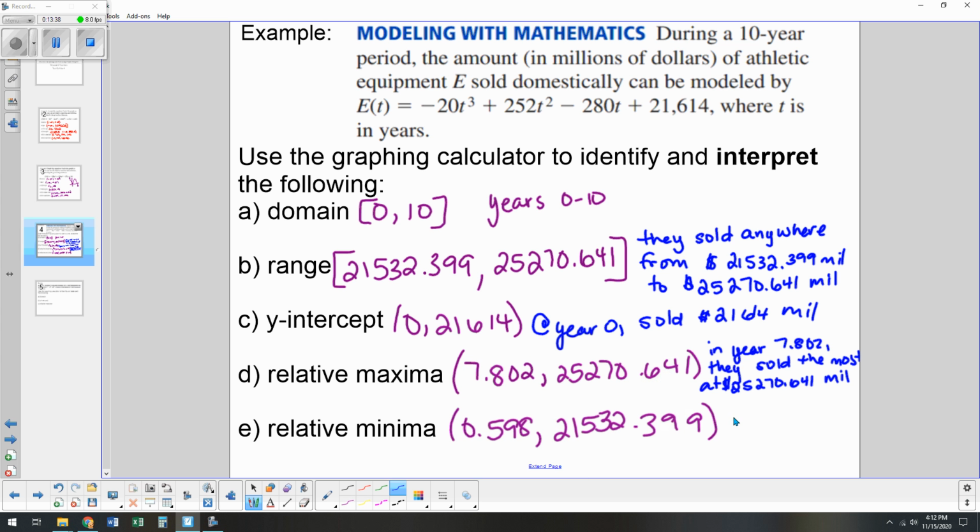And the relative minima means in year 0.598, they sold the least at 21,532.399 million. So all we're doing is we're giving what these points represent in the context of the problem. Okay?